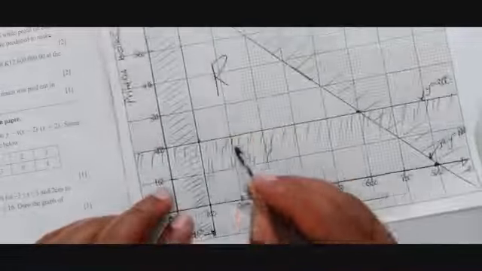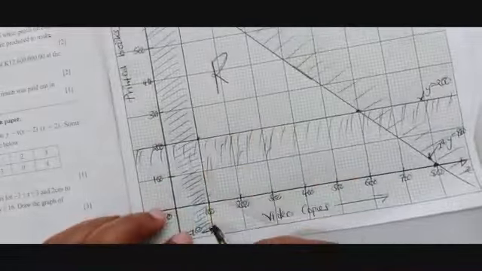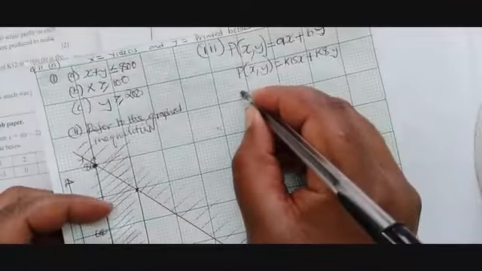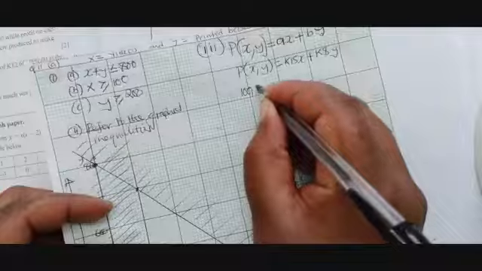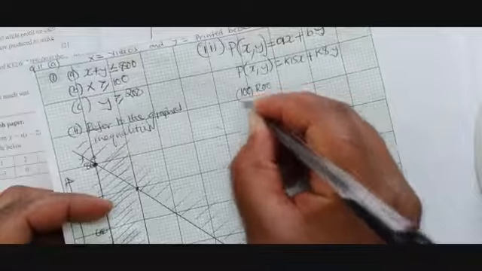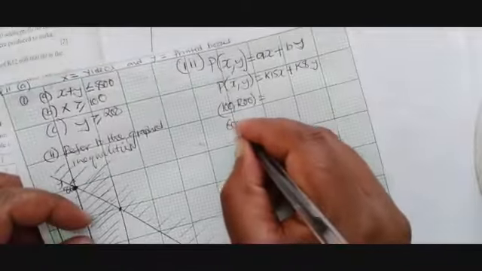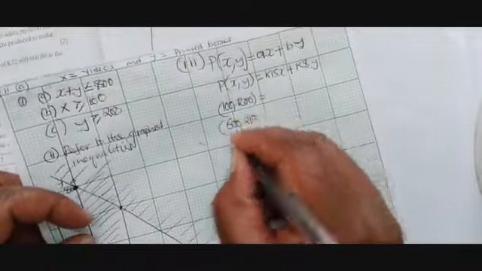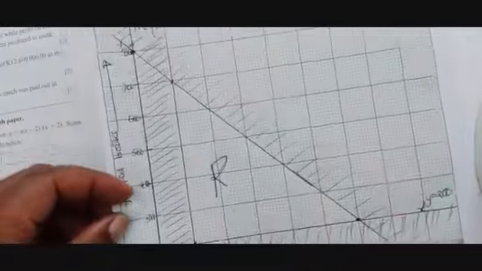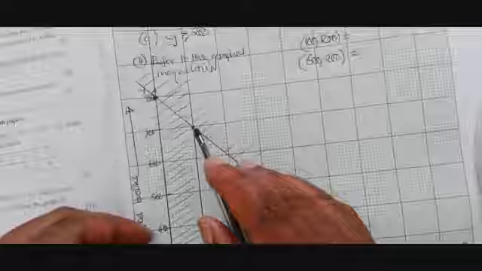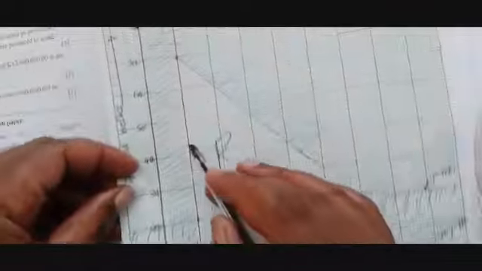Here it is 100, 200. What is the value here? Then you come here, 600, 200. What's the value there? Then you have 100, 700.